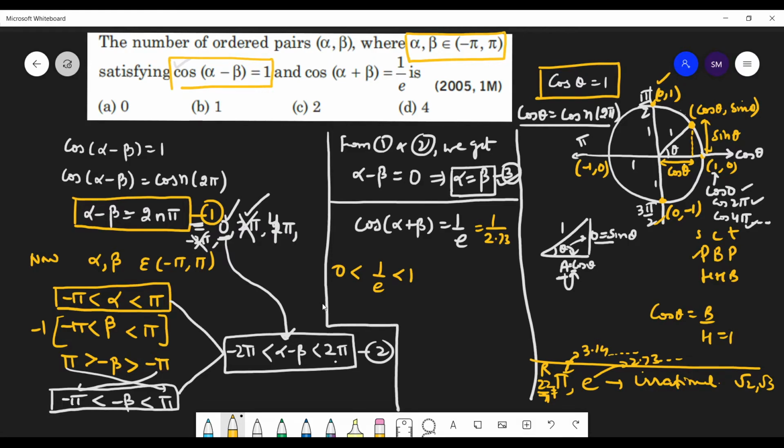Now if you put here beta equal to alpha, what do you get? You can write this as 2 cos 2 alpha is equal to 1 by e.